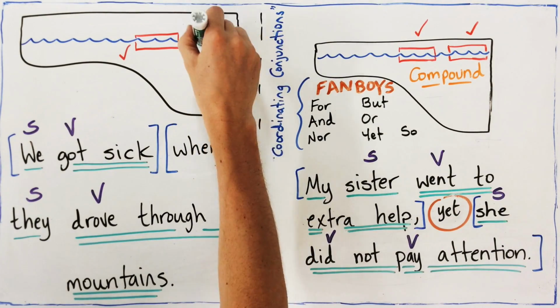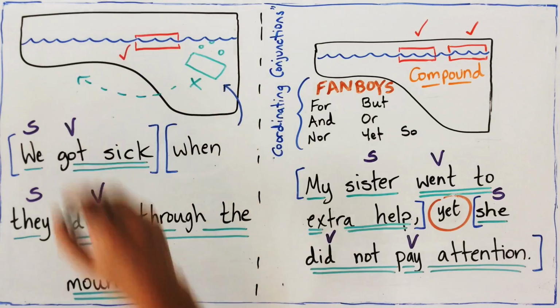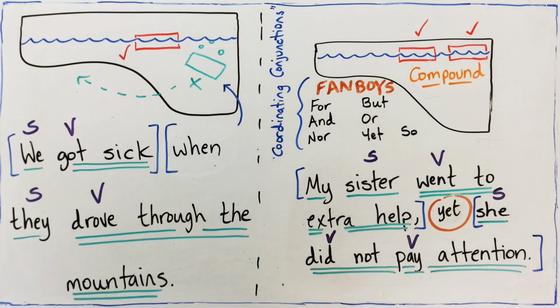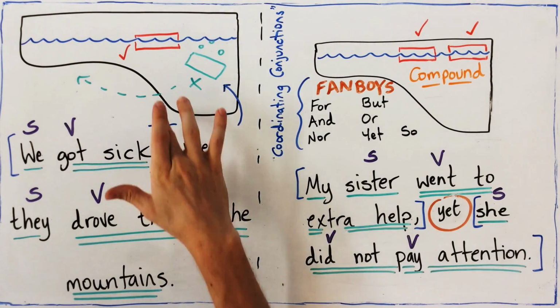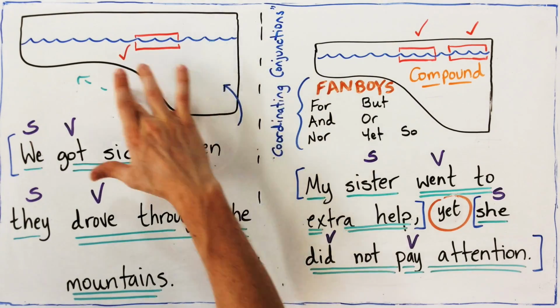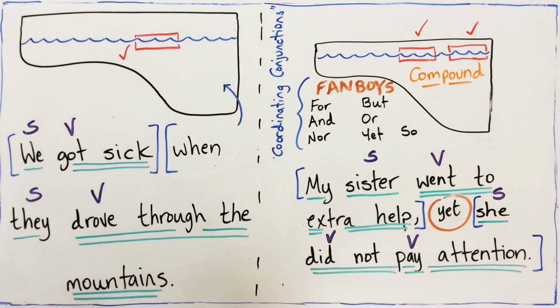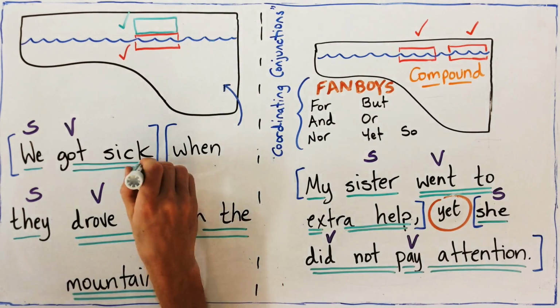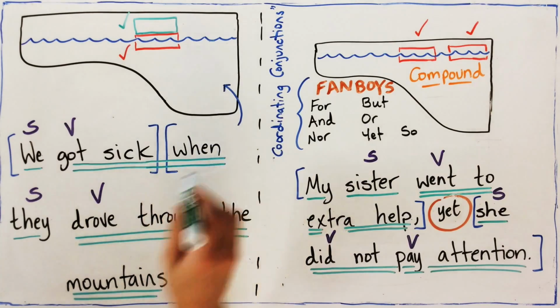So now we have a clause that's going to drown if we leave it alone in the deep end. We don't want to take it to the shallow side of the pool because we want it as part of our sentence. We're just going to have to give it a great flotation device and keep it in the deep end. And what better flotation device than the independent clause that it's right next to? This probably sounds silly, but it's the best way I know to explain what happens next.